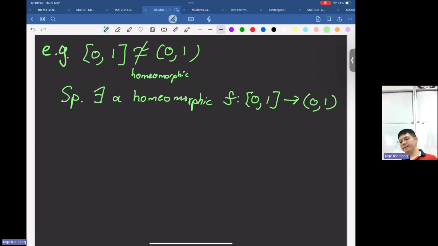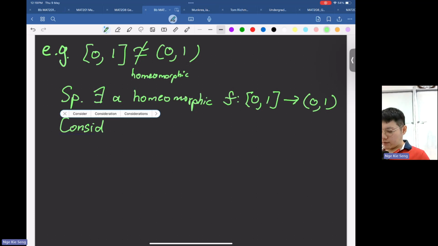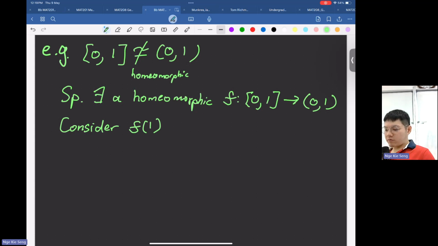What can we do here? We can look at the image of f(1). The image of f(1) must lie inside the codomain, so it must be some point in the middle of 0 and 1.